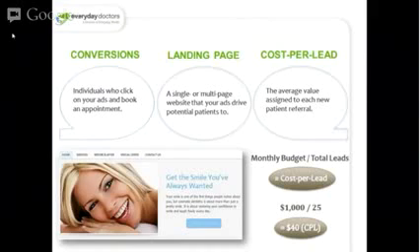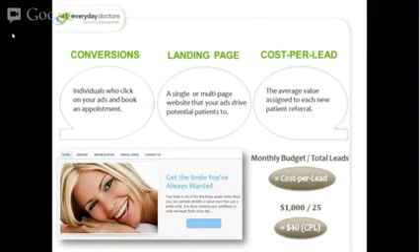A landing page is a single or multi-page website that your ads drive potential patients to. It allows you to establish your practice as a leader in the market and make it as easy as possible for individuals to find the answers about your practice and book their first appointment. At the end of the day, your focus should be on driving new patients to your practice, not on acquiring as many clicks as possible.